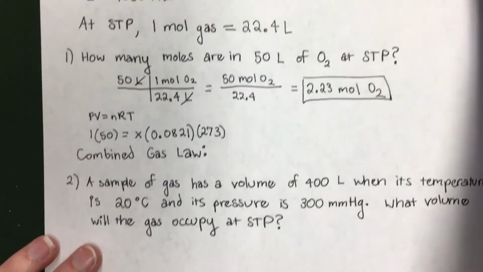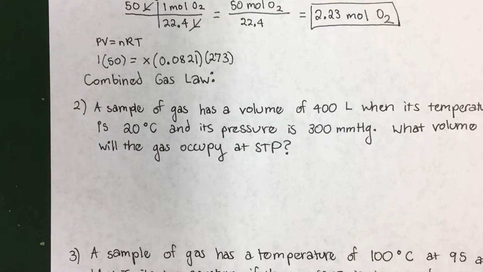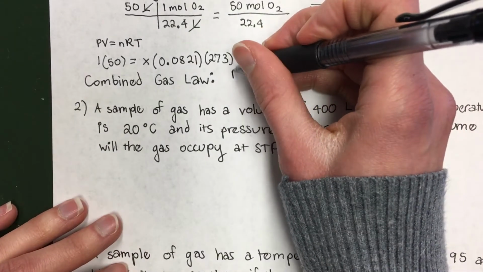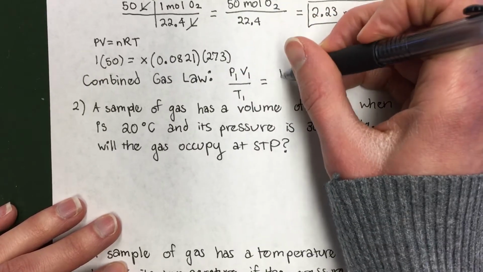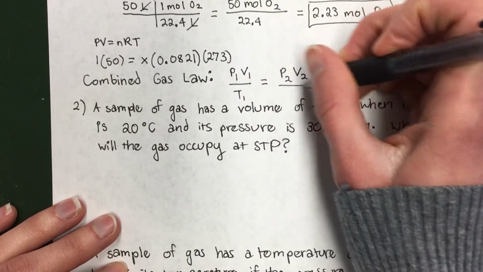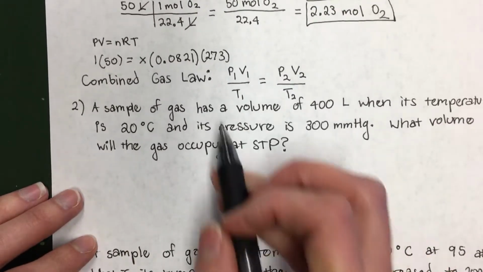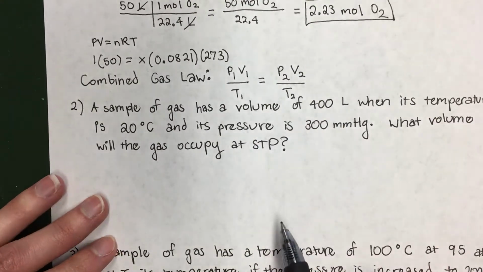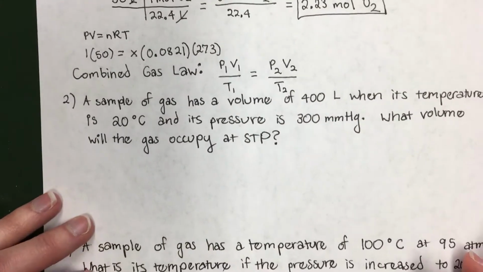Okay, the next thing you need to know about gases is what we call the combined gas law. So this is our P1V1 over T1 equals P2V2 over T2. And we can use this when we have a situation where the pressure is changing, or the volume is changing, or the temperature is changing.